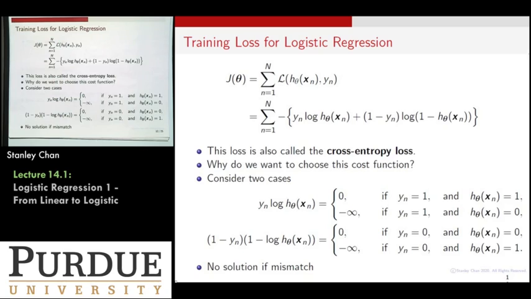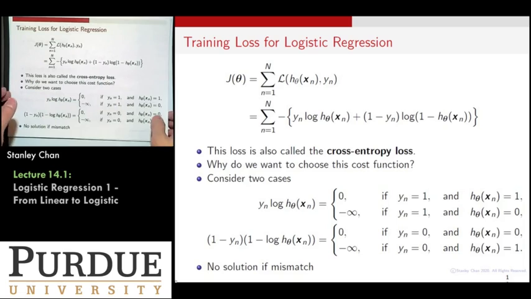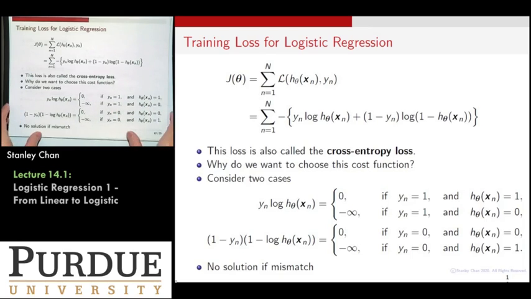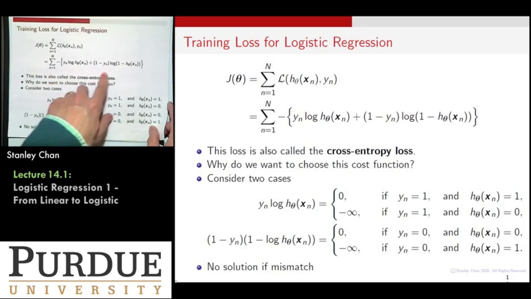Another way that you can handle this is to use a regularization, because for cross entropy, you can show that it is convex, but it's not strictly convex, and so you can have a lot of global minimizers. And so you can put a regularization to get a better solution. But in any case, this loss function seems to make sense.